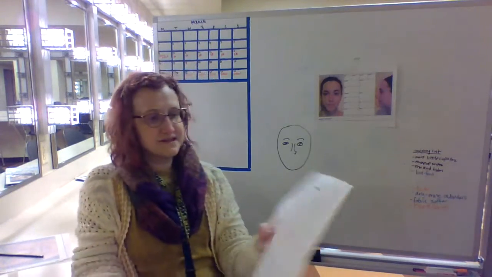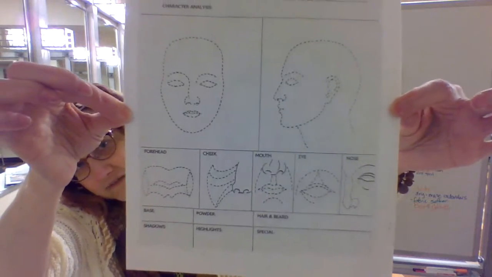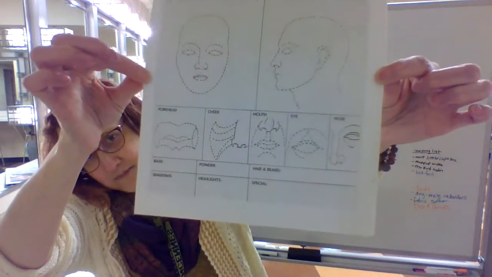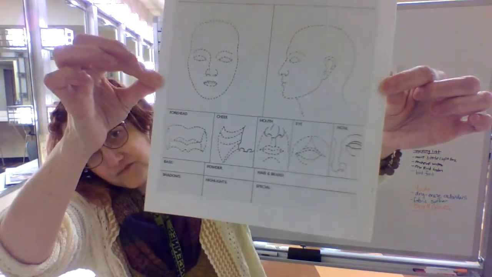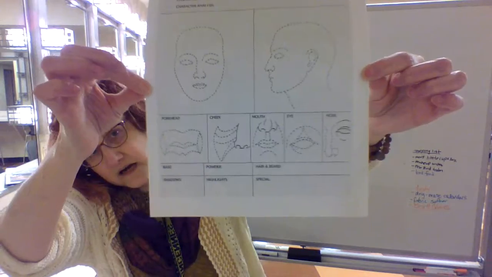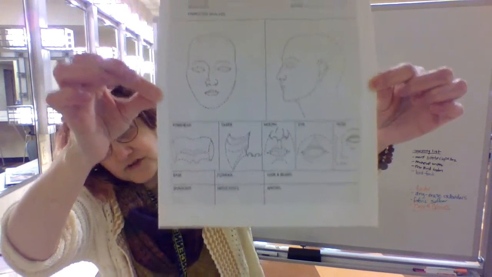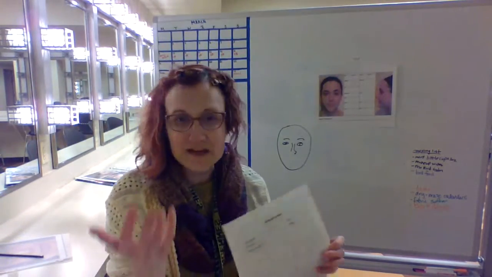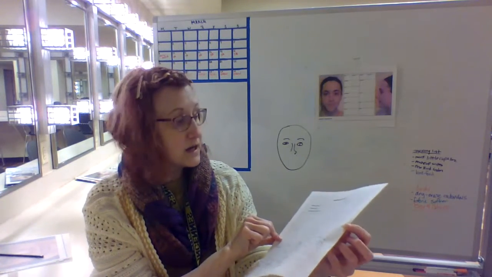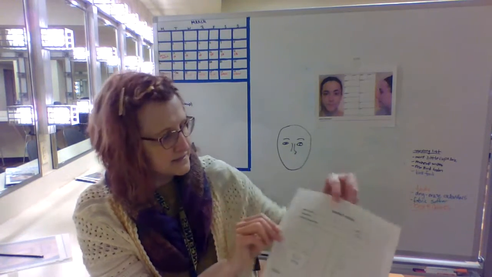And one of the choices is that one right there. That one's great because if you have a lot of detail, see how it gives you the option to highlight and shadow very specifically in the different areas of your face. That can be very, very helpful. For this one, you might not necessarily need it, but if you find it useful, then this might be the best one to choose.